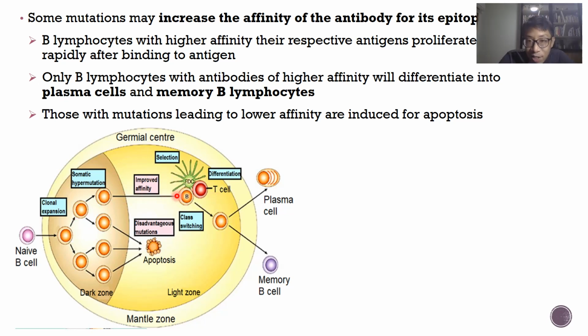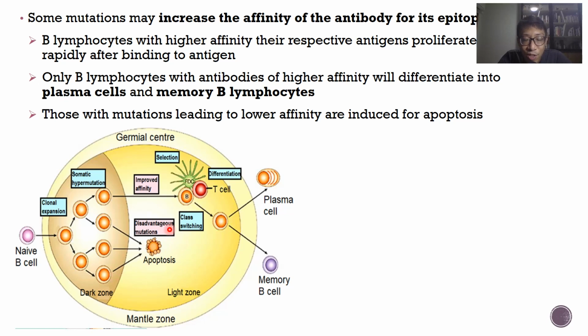So they in turn become more activated to continue division, while those that have an introduced mutation that decreases the affinity, because that can happen too, right? Your VJ and VDJ are changed, and so the antigen binding sites will be changed, and the change can also be to lower affinity to the antigen.